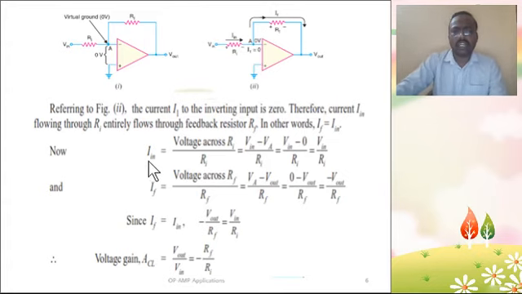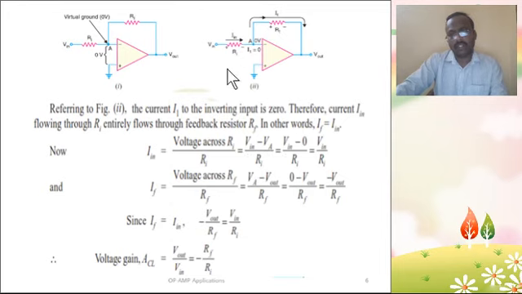So input current Iin is equal to the voltage across Ri divided by Ri. What is the voltage across Ri? Input voltage Vin minus node voltage, the voltage at node A, VA, divided by Ri.